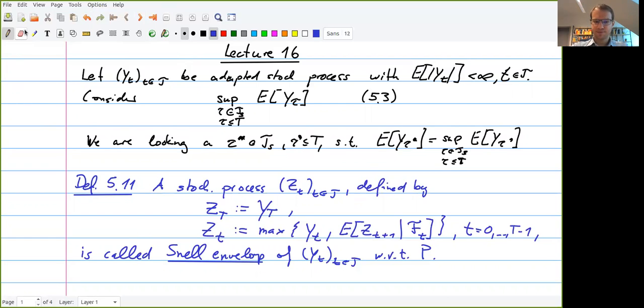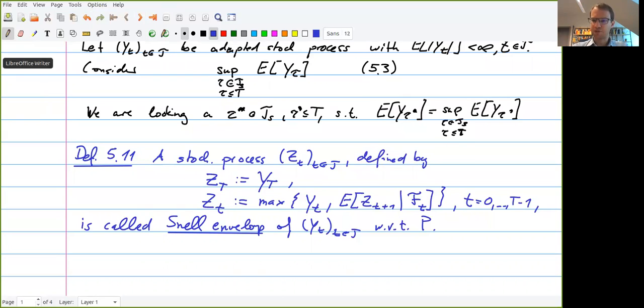Now the first step: we want to understand why this process helps us to solve the optimal stopping problem 5.3. So let us start studying this Snell envelope process.